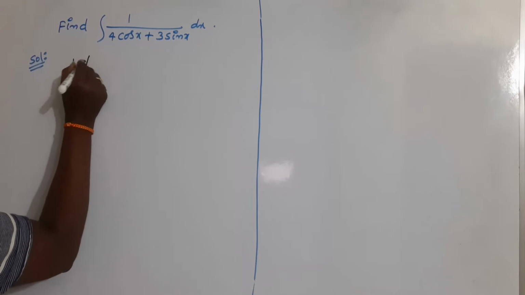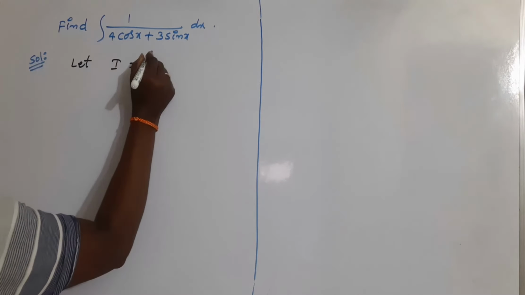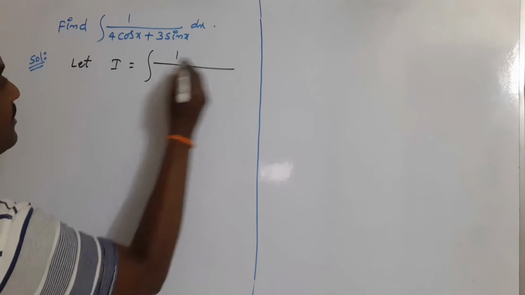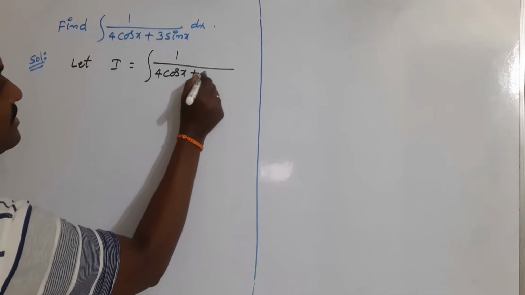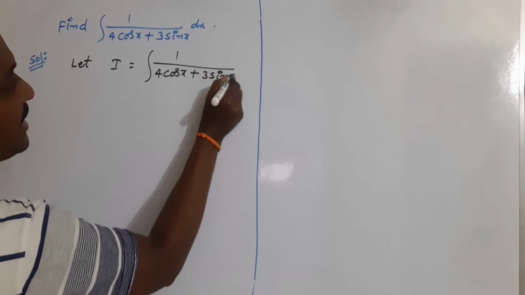First of all, let I be equal to the given problem. So it becomes integral of 1 by 4 cos x plus 3 sin x into dx.